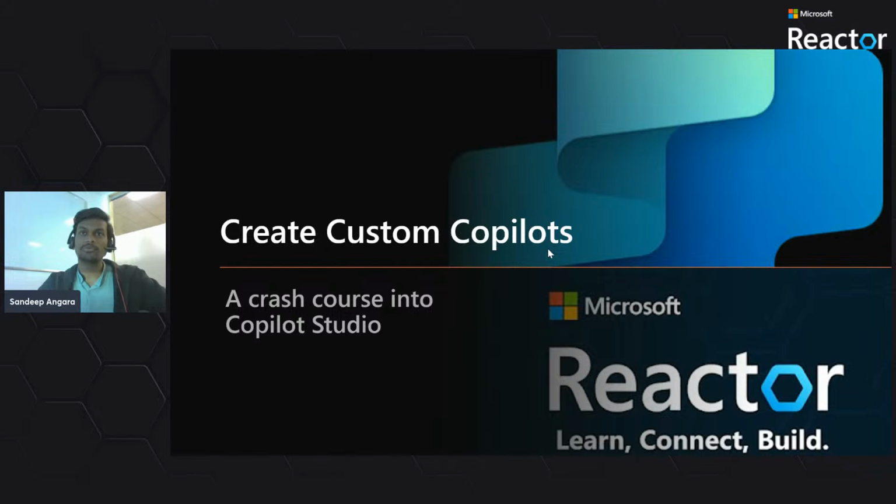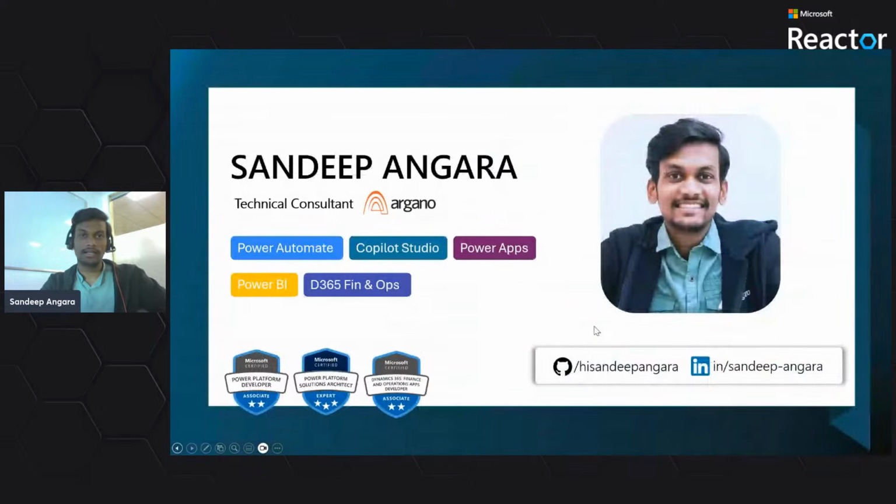A little bit about me before we go ahead. I'm Sandeep Angara. I'm working at Argano, based out of Hyderabad, India, as a technical consultant. Argano is a Microsoft inner circle partner, and for the last 2.5 years, I have been instrumental in developing low-code business applications using Microsoft Power Platform.